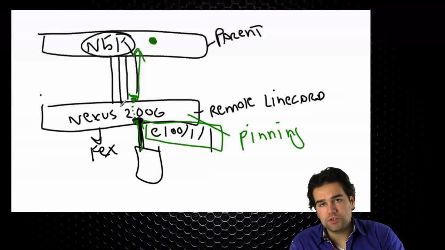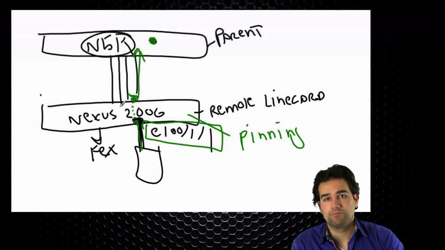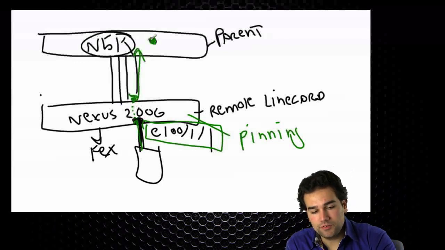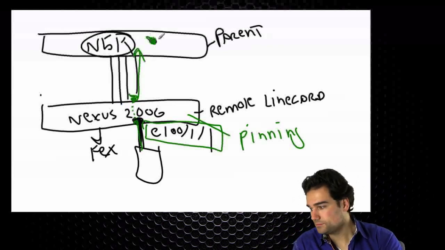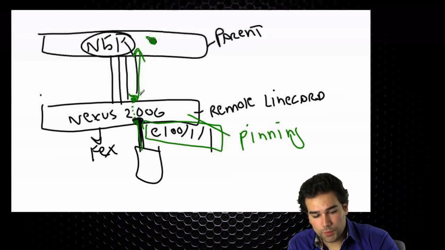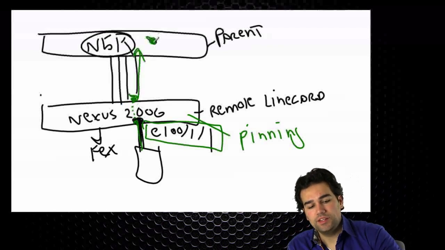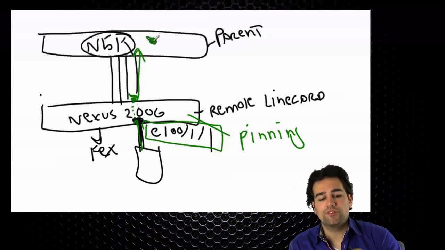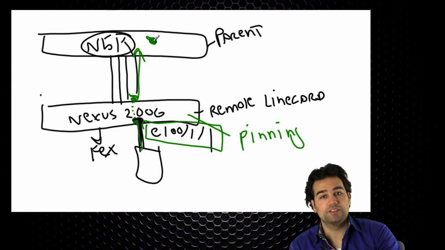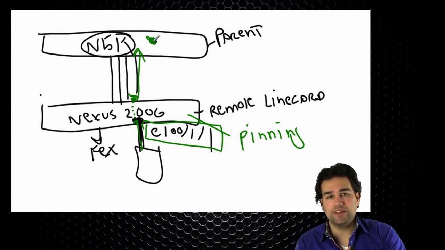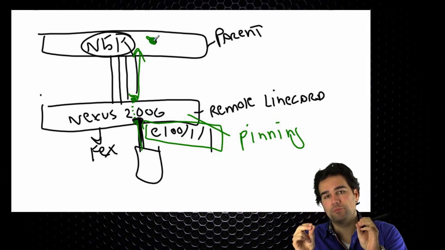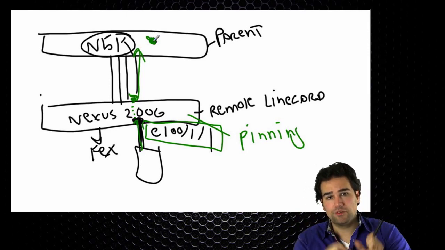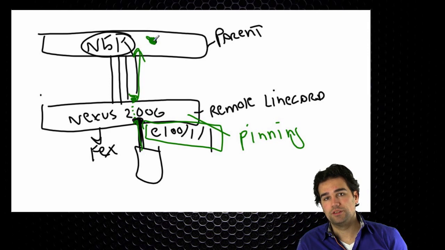I don't even know what the configuration of the port is. The Nexus 5K has the configuration, not the Nexus 2K. So after forwarding the packet, the Nexus 5K needs to have a way to distinguish traffic from port 1 and port 2, for example. If both ports are sending packets, how do I distinguish which traffic came from port 1 and which traffic came from port 2? Because they might have totally different configurations on their ports, and I still need to evaluate those configurations.